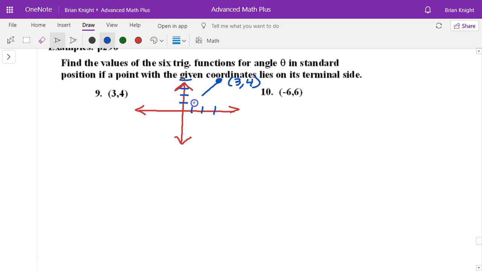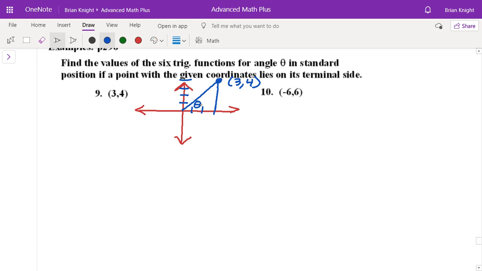You always draw it to the origin and straight down or straight up to the x-axis every time. This right here is theta. That's the angle we're looking for. Does everybody understand how to do that? So go to your point, draw a line from your point to the origin, make it a triangle. That angle right there next to the x-axis is always going to be your theta.